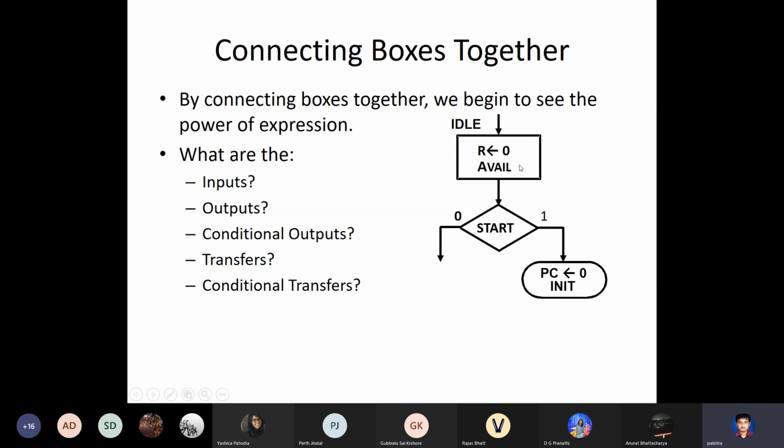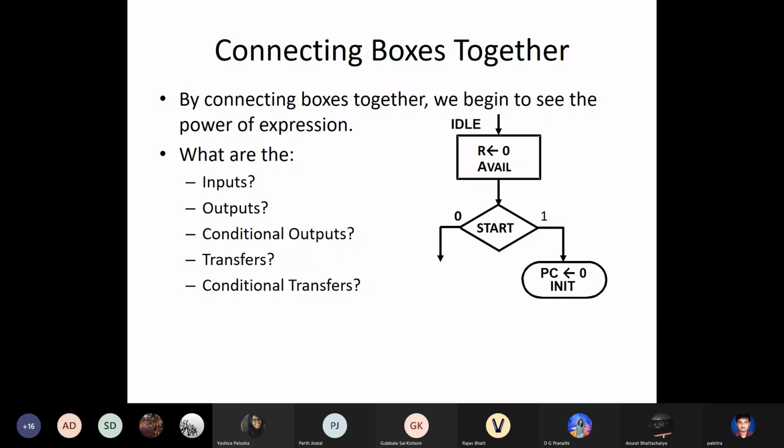So typically, this state followed by a decision box followed by an oval output, conditional output, these 3 are connected this way. So they form a unit. They basically describe one node in a state transition diagram. These 3 together represent one node in a state transition diagram.